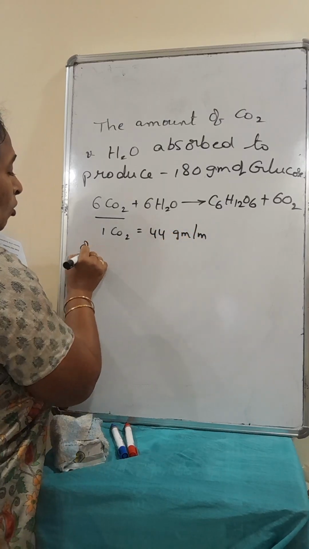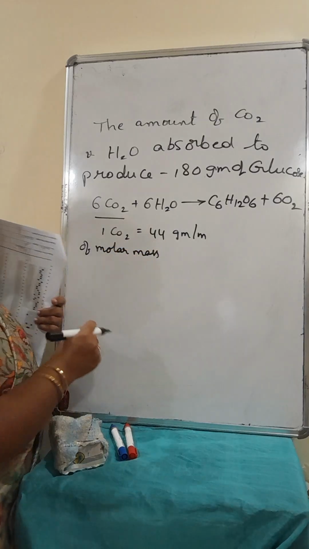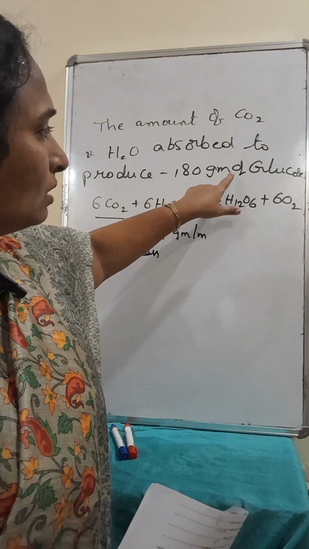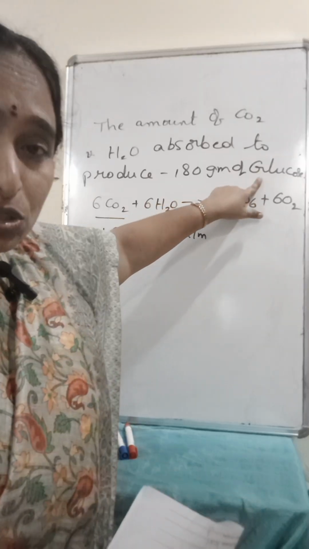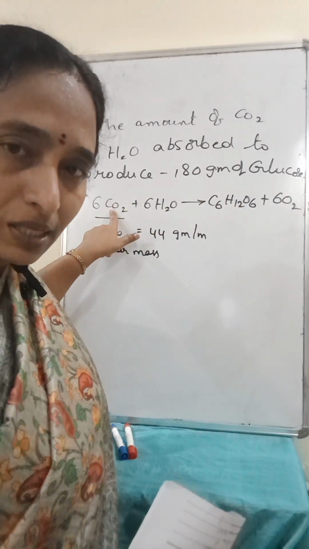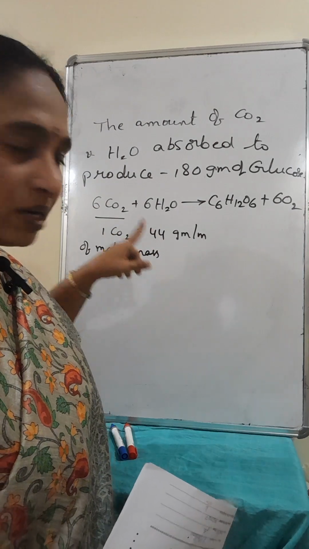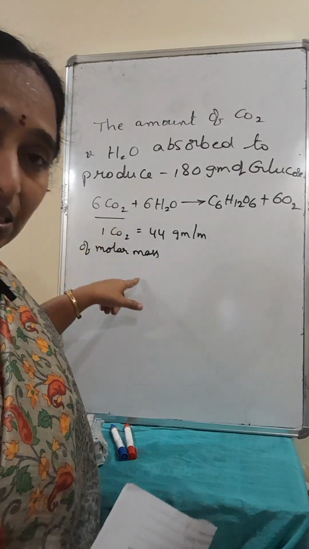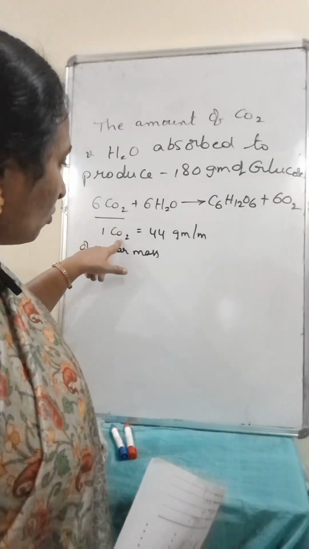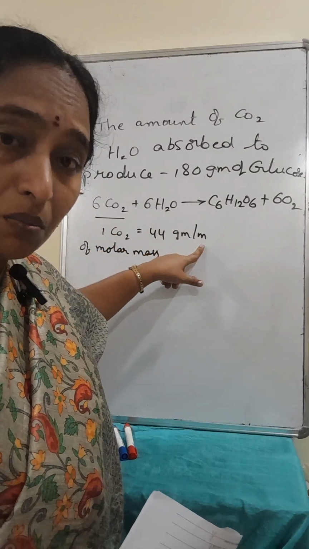Because the question asks about grams of glucose, you have to convert the carbon dioxide into grams as well, using the molar mass of CO2: 1 CO2 is equal to 44 grams per mole.